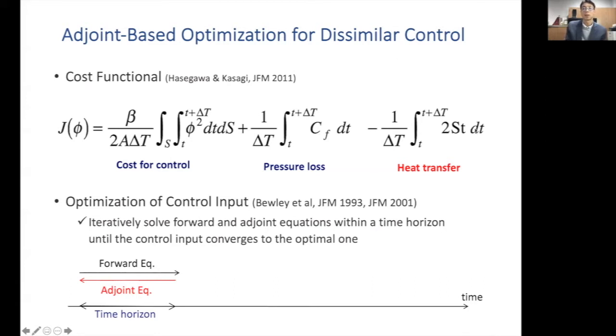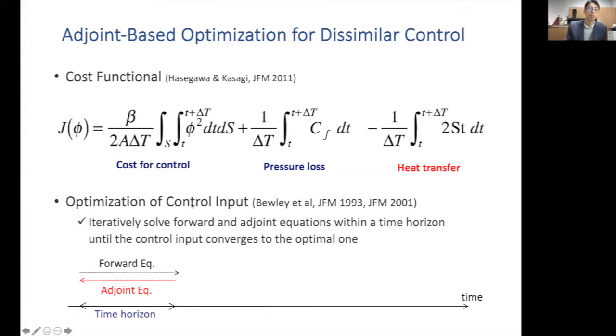And the last term is the heat transfer, which we want to enhance, so we put the minus here. The meaning of this cost functional is I want to achieve high heat transfer with small pressure loss and also minimum cost for control.